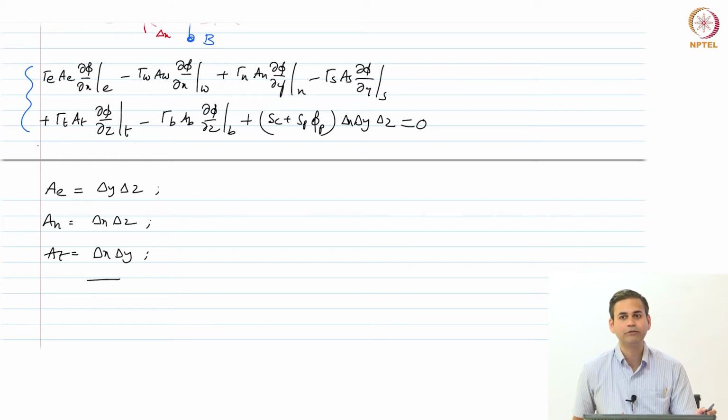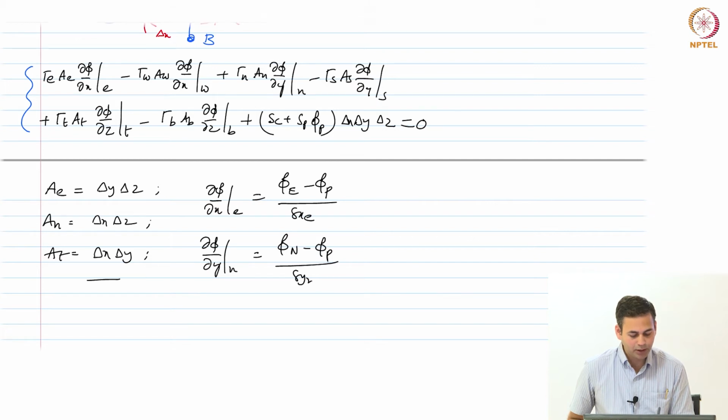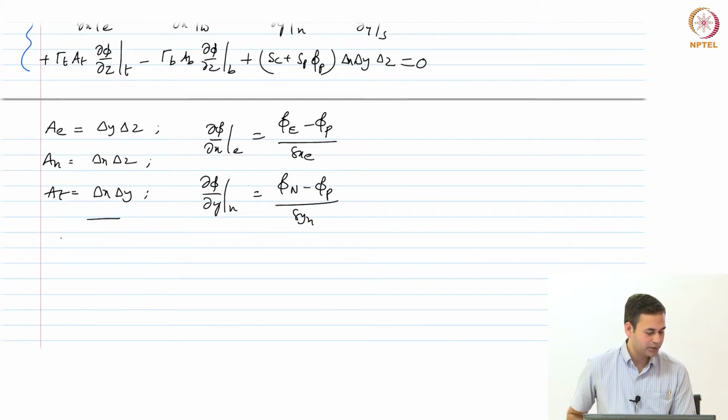Would it remain the same or would it be different? Same, it will be phi capital E minus phi p upon delta x e, all those things, right. So essentially partial phi partial x east is phi east minus phi p upon delta x e, partial phi partial y north would be phi north minus phi p by delta y north, and similarly we have now the extra one, which is partial phi partial z top, which would be phi top minus phi p upon delta z top, right.